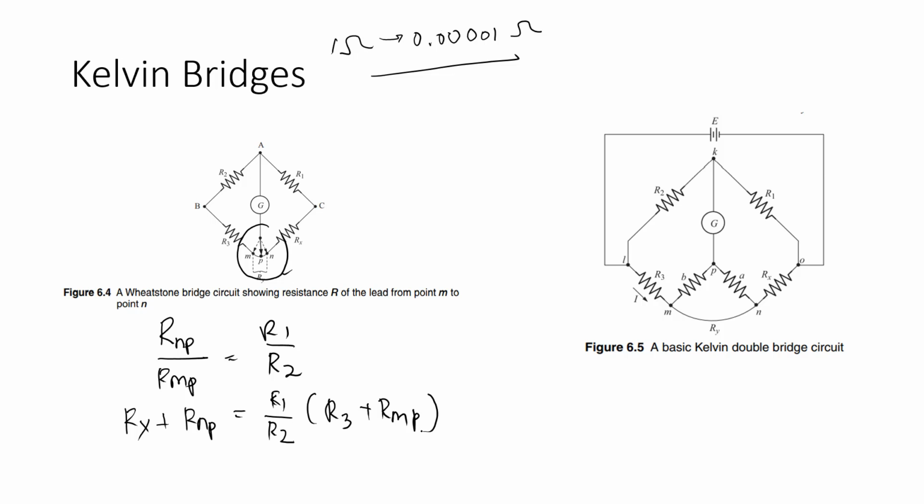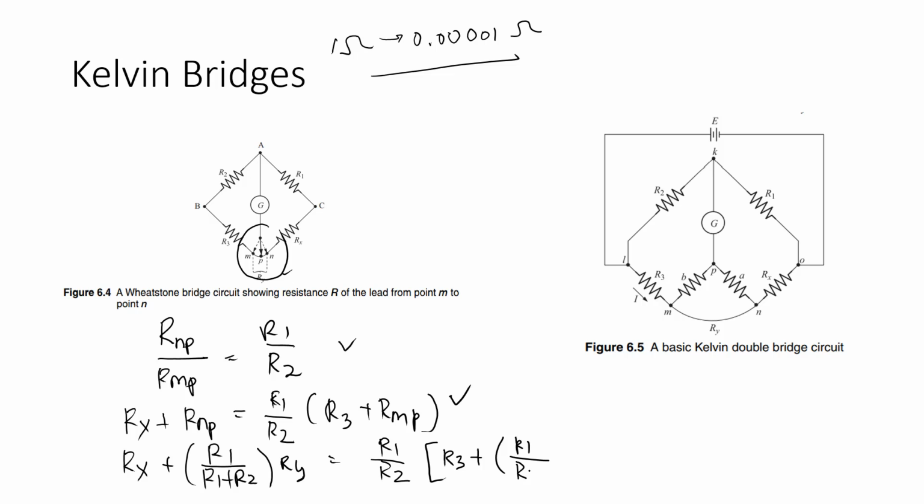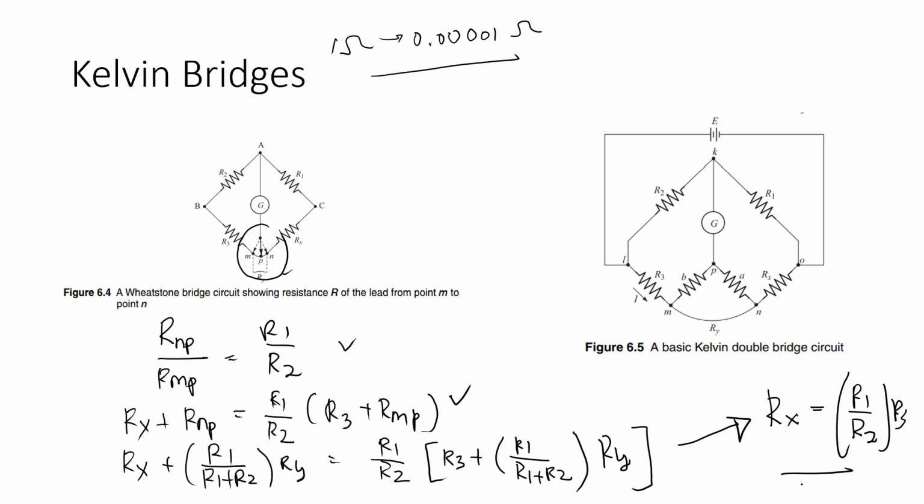If we make a substitution between these two equations, we can simplify to Rx equal to R1 over R2 multiplied by R3, like in the Wheatstone bridge.